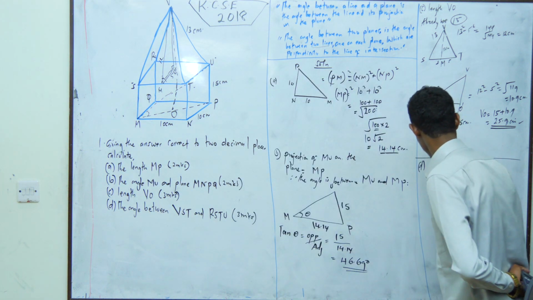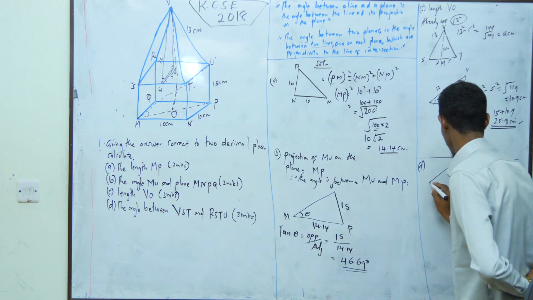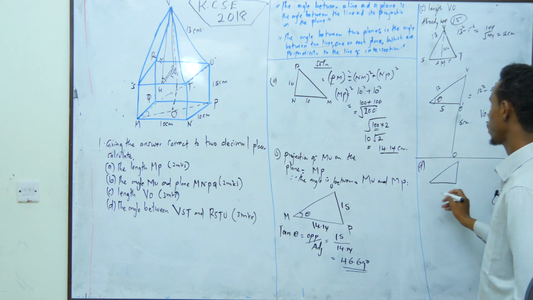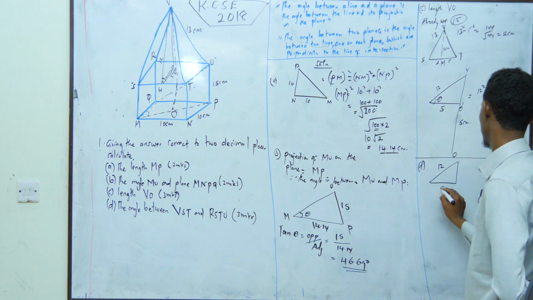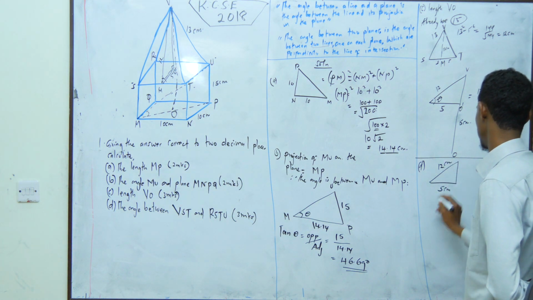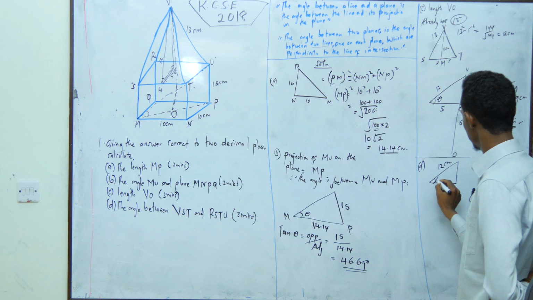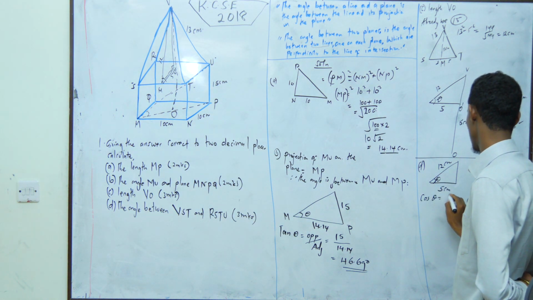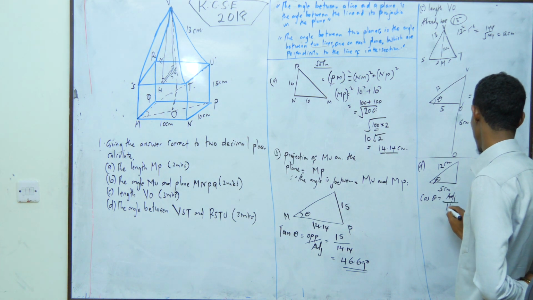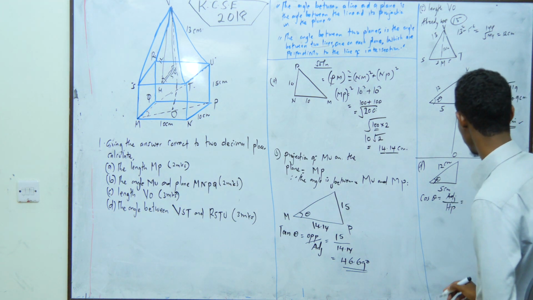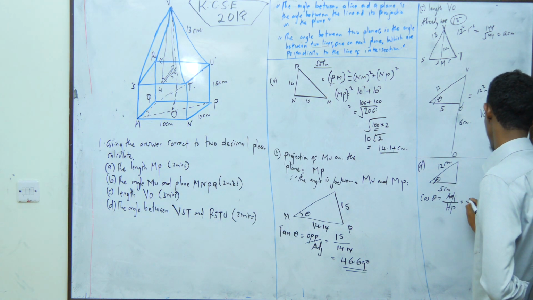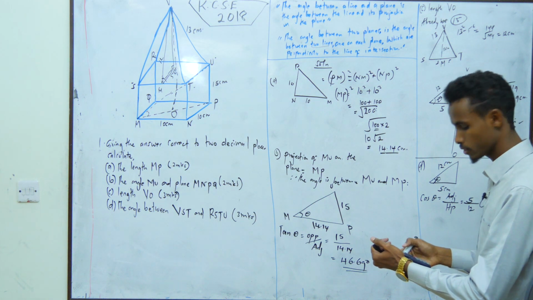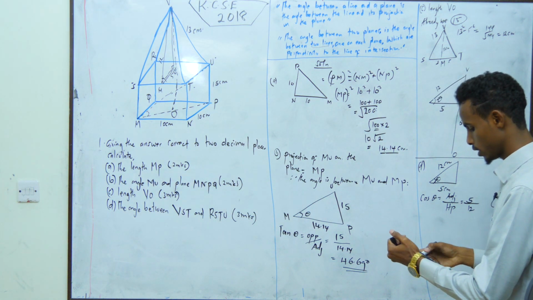Now let's do that one quickly. It becomes very simple. Here we have 12 centimeters and here we have 5 centimeters. Now you have the adjacent, and you also have the hypotenuse. Now we use cos. Theta is equal to adjacent over hypotenuse, which is 5 over 12.